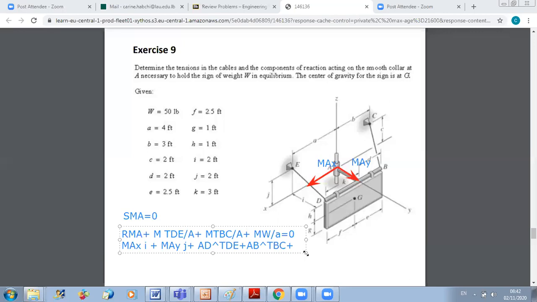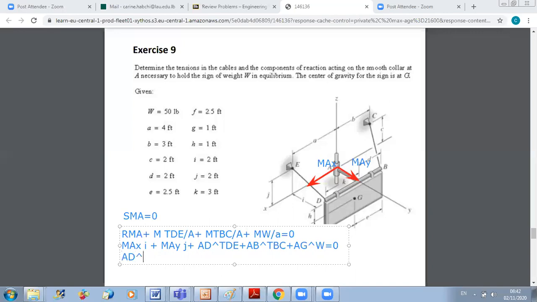So plus AG vectorial W, because you know that the weight is applied at the center of gravity. So plus AG vectorial the weight equals 0. Okay. So to be able to solve for my unknowns, I should now find AD vectorial TDE, AB vectorial TBC, and AG vectorial W. I will start with AD vectorial TDE.